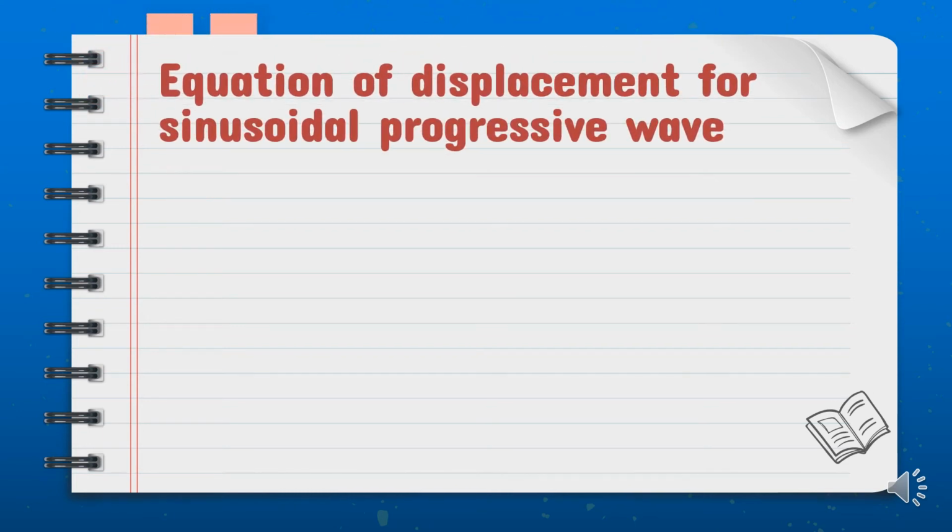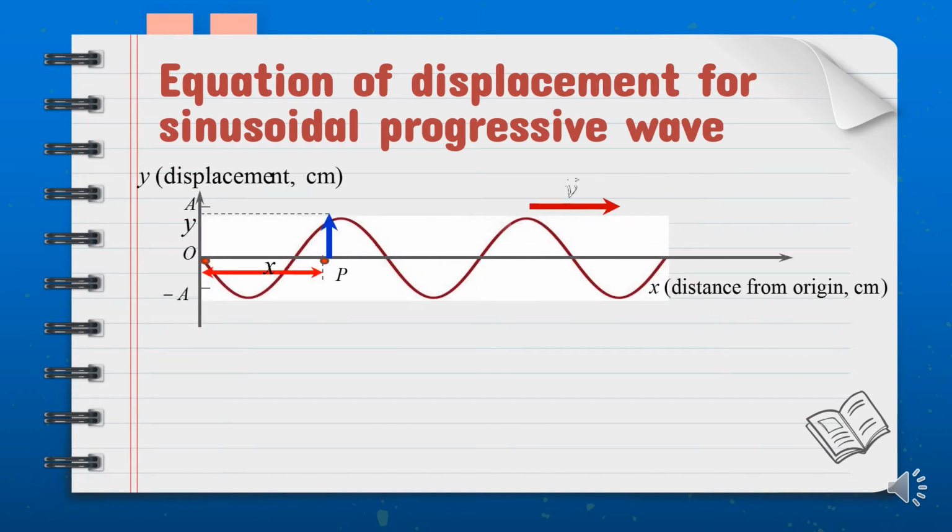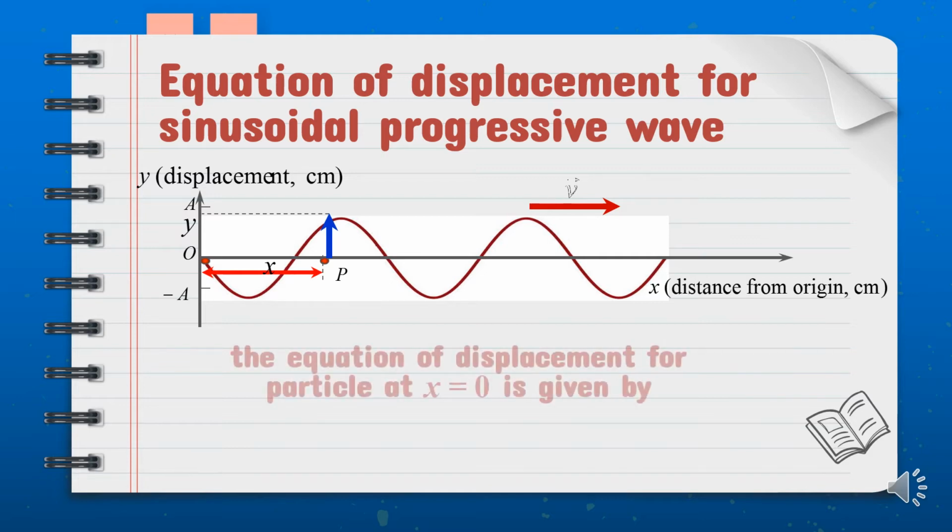Equation of displacement for a sinusoidal progressive wave. This is the graph of displacement against distance from origin. From the graph, the wave profile propagates to the right, thus the other particles will vibrate.